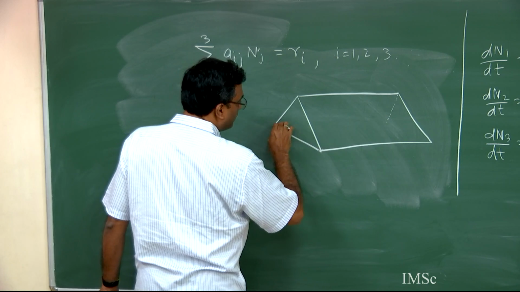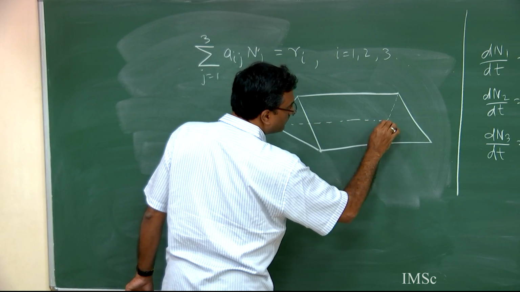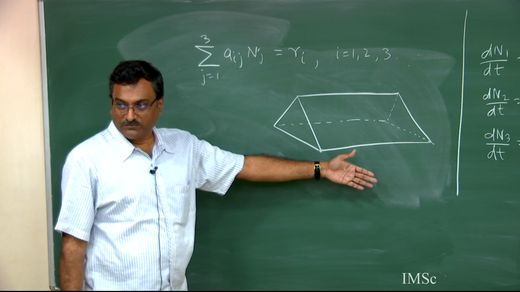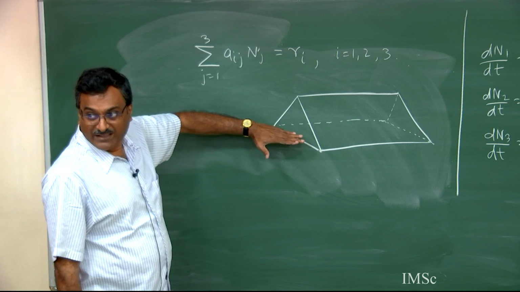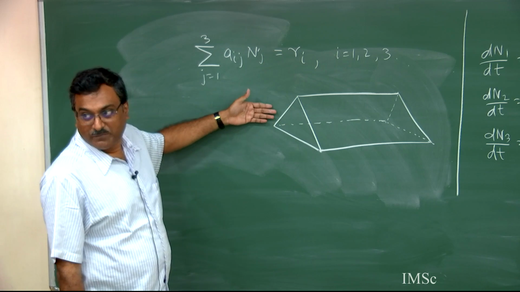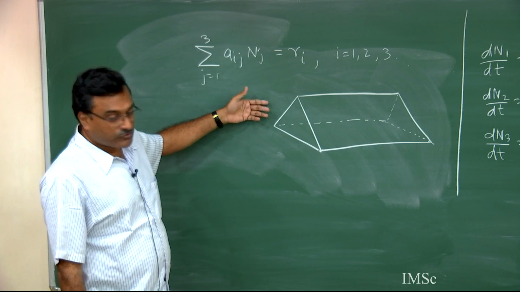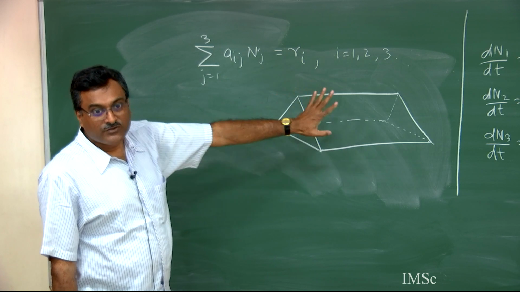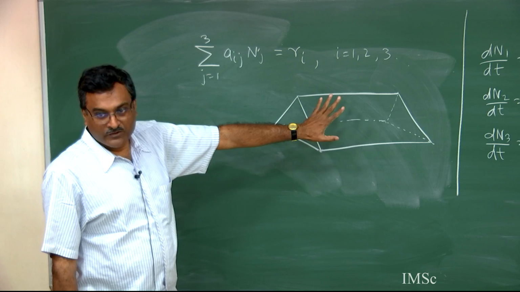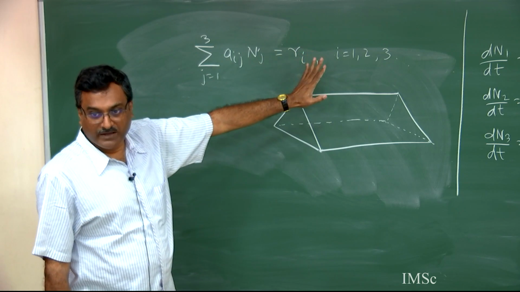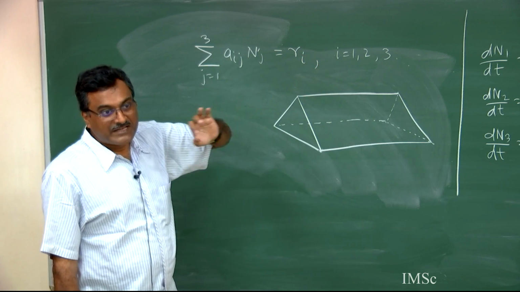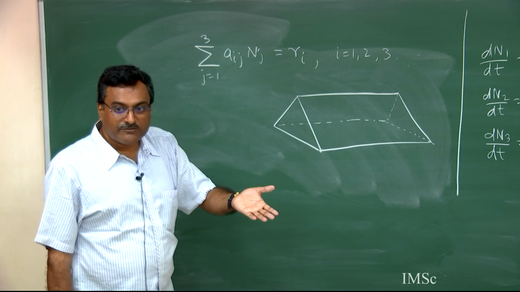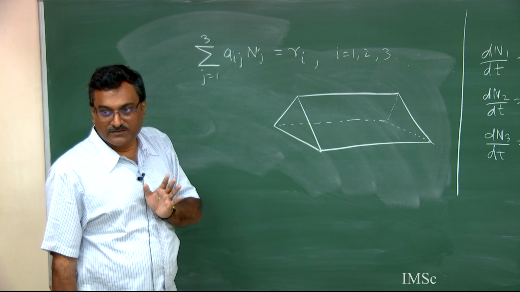This is the dotted one, this is this one, and this is this one. This plane is represented by one equation, this plane by another equation, and this plane by the third equation. So pairwise there exist infinite numbers of solutions, but there does not exist any unique solution. So the first part is quite complicated. Finding the equilibrium point itself, and then finding stability, is a much more difficult situation.